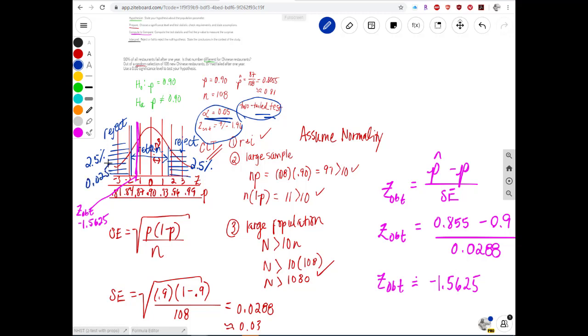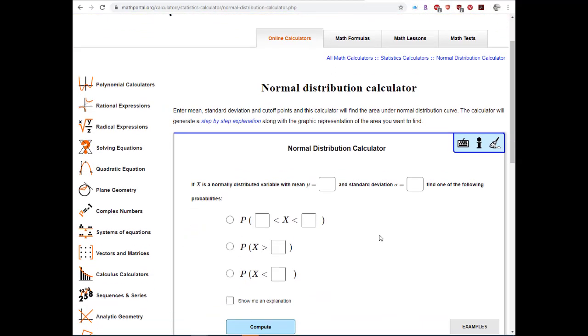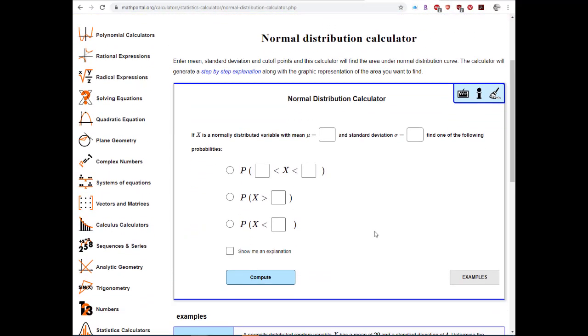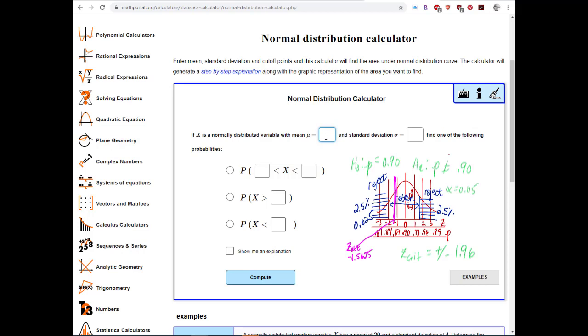Okay, so let's go over to our normal distribution calculator. So here is the free normal distribution calculator. The link to this is in the description box below. In our model, our mean was in the center. So our mean is going to be the 0.9. And the standard error was the one that we calculated using our sample size.